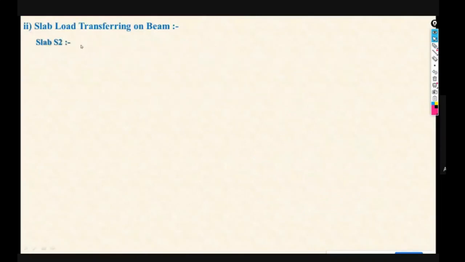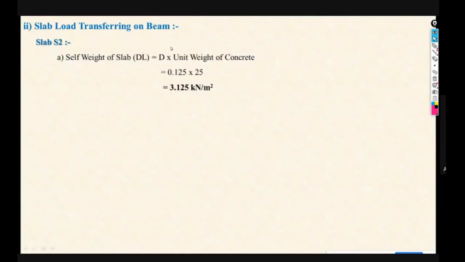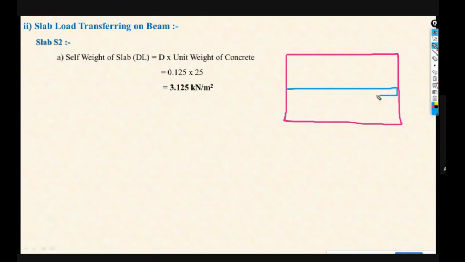Next is the slab load transferring on the beam. This is the beam that we are designing. This is our two-way slab, correct?